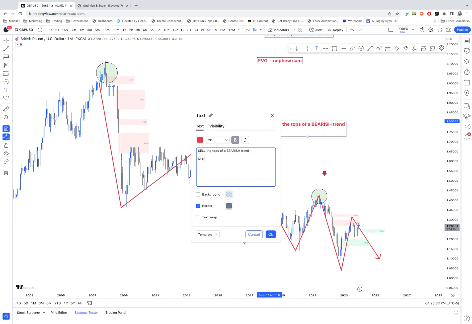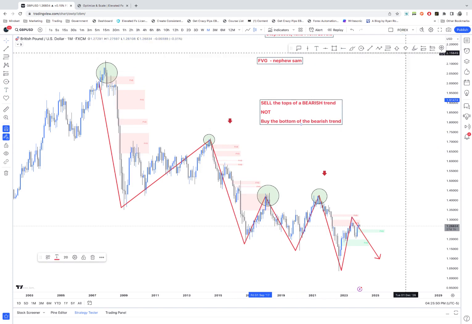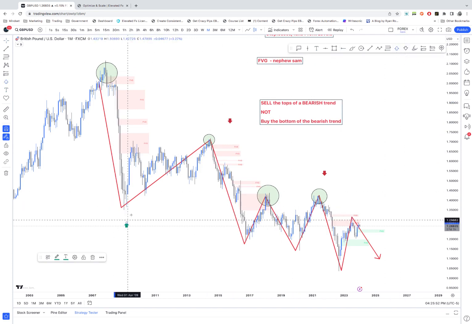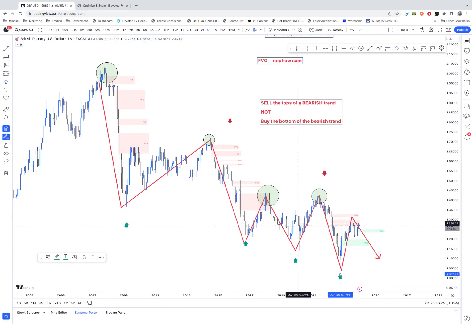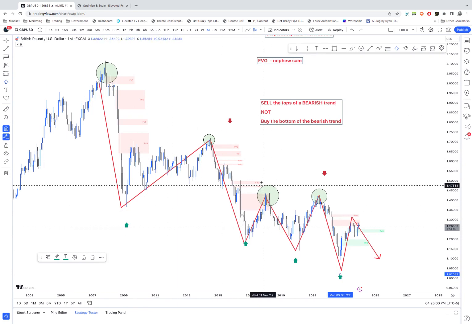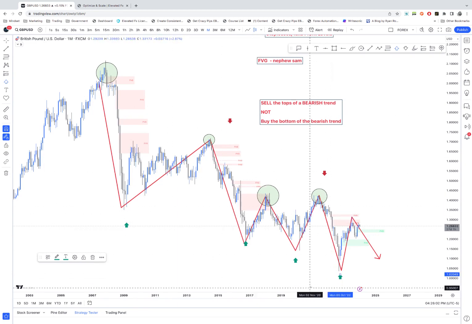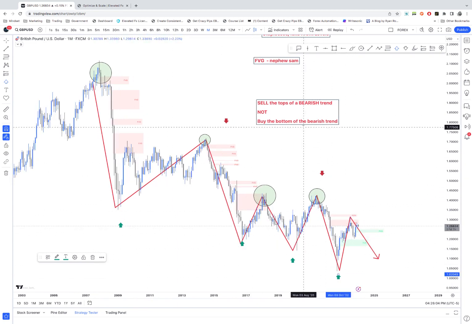We do not buy the bottom of a bearish trend. This is how most traders get wrecked. What they'll do is they try to buy at these levels without understanding what's going on. You don't want to do that. You want to focus on selling the tops of a bearish trend and buying the bottoms of a bullish trend.